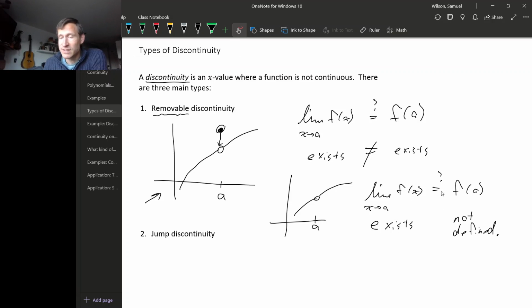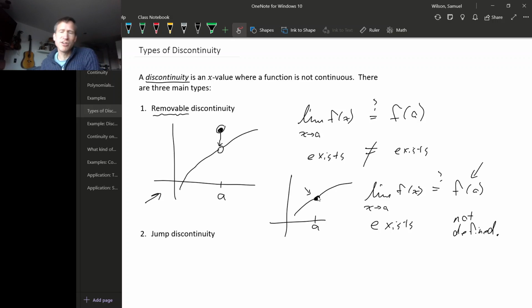Okay, so this function isn't continuous at a because it's not even defined at a, but this is still a removable discontinuity because we could make this function continuous at a just by assigning a value at this single point a, and that would make it continuous at a.